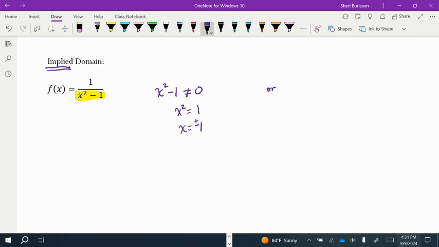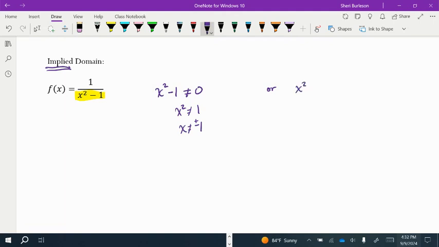So when we are solving by taking the square root of both sides, we cannot forget that x cannot equal plus or minus 1. I have seen so many kids lose points on tests and quizzes because they forget the plus or minus.